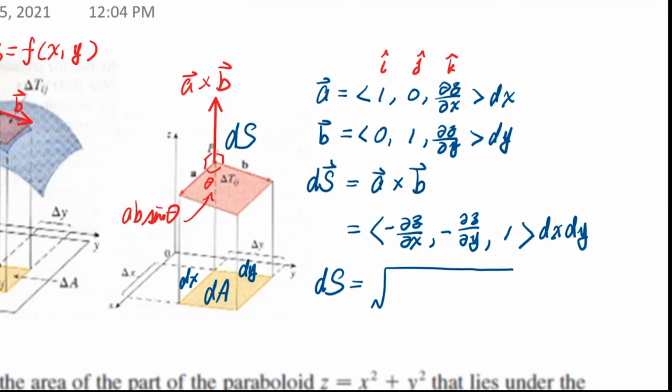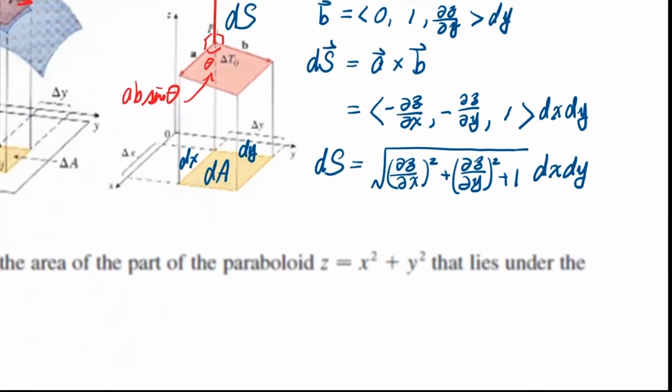So the square root of this thing squared plus that thing squared and plus 1, and that thing is of course squared, but we can take dx dy outside. Whoa, that looks very familiar, right? Does that look like the arc length formula from last year? Yeah, we just have one more term, eh?